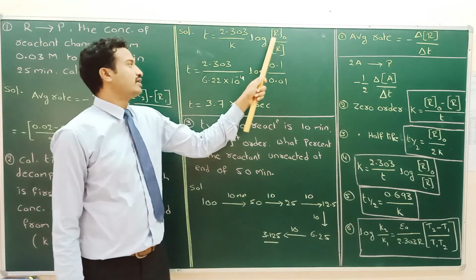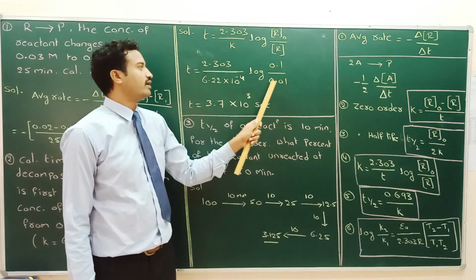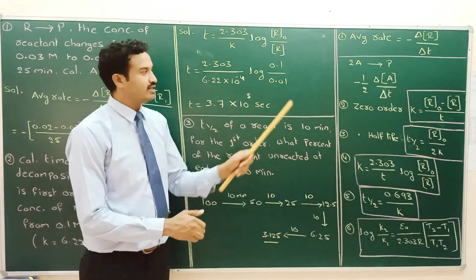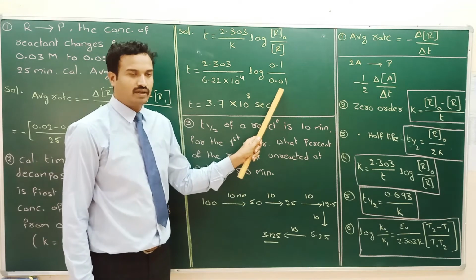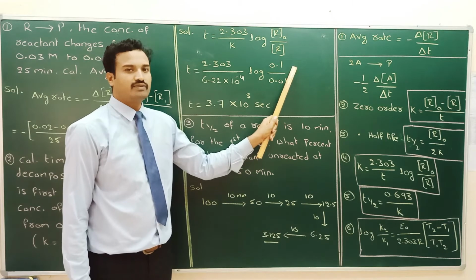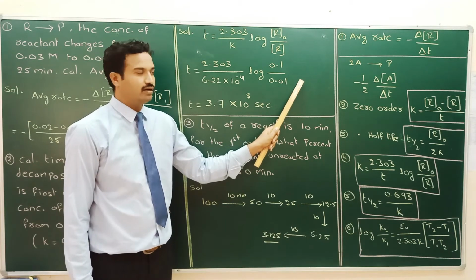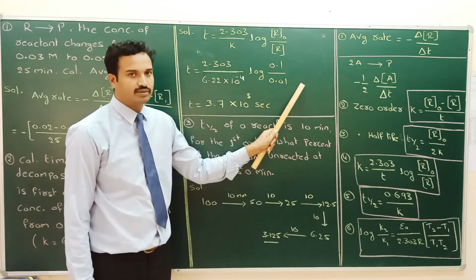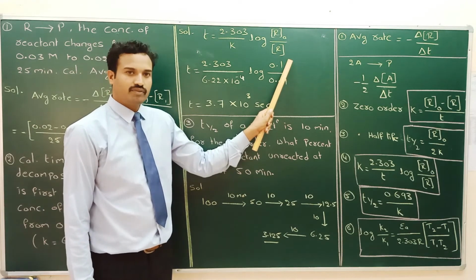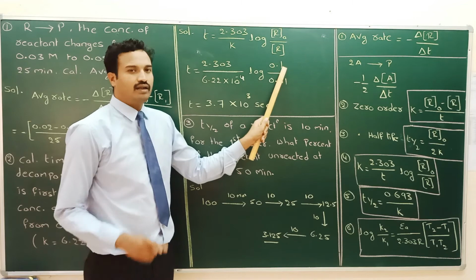So 0.1 by 0.01 is 10 to the power of minus 1 by 10 to the power of minus 2, which is 10 to the power of 1. Log 10 value is 1.